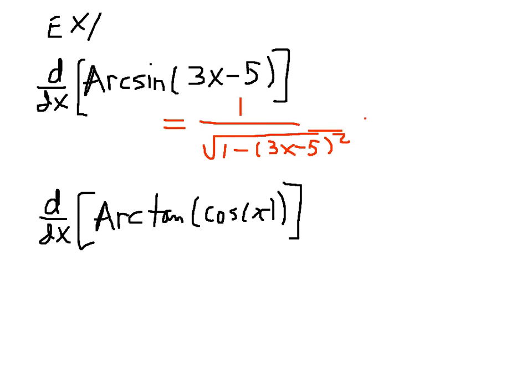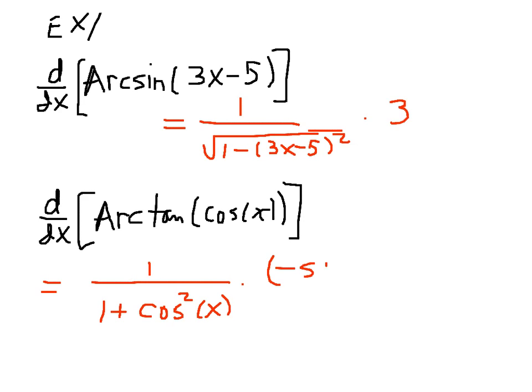And the chain rule tells us we've got to take the derivative of that thing. Similarly, the derivative of arc tan of something is 1 over 1 plus that thing squared times the derivative of the innermost function. And that's how you do those, so not very difficult.